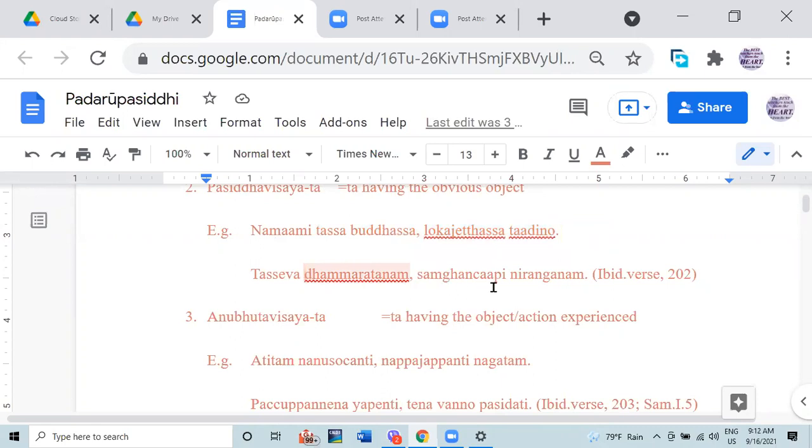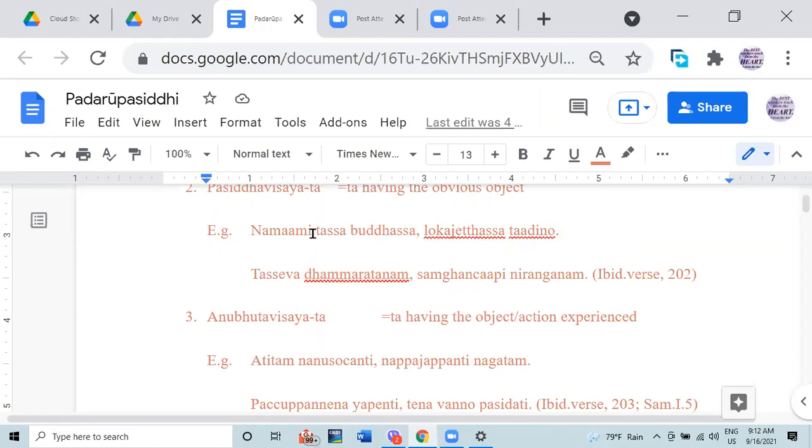And then Sanghanca Niranganam is also accusative, also the object of namami. But Tassewa is genitive. Tassewa refers to the Buddha. That means I pay homage. So why genitive or why dative? Maybe because of meter. Maybe because of meter.